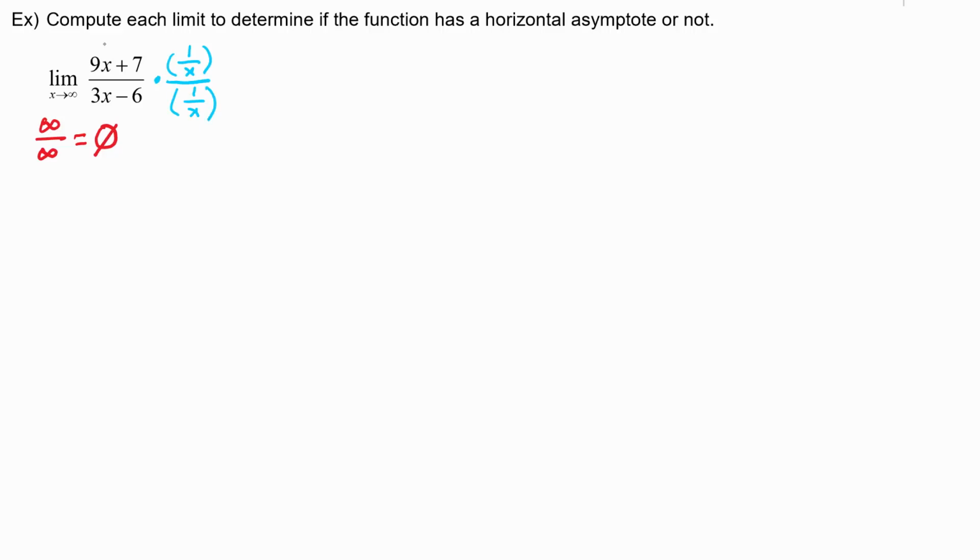So because this exponent of x was x to the 1, I'm going to multiply by 1 in the form of 1 over x to the 1. So now this is going to work out to be the limit as x goes to infinity.